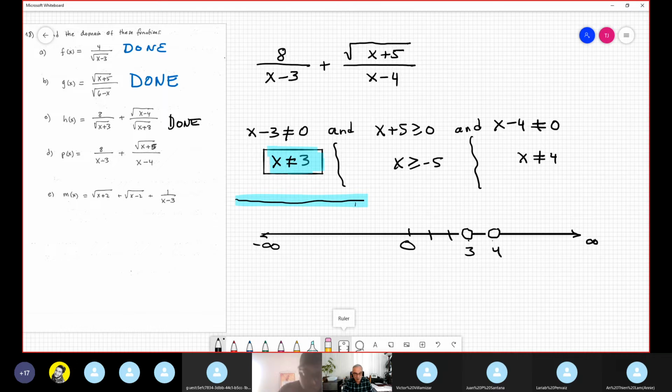Okay, this is positive infinity, negative infinity. But the specific entry is here, 0, 1, 2, 3. We have a hole, no? And the hole is something like that. Boom. We have a hole. Okay. Do you understand this?